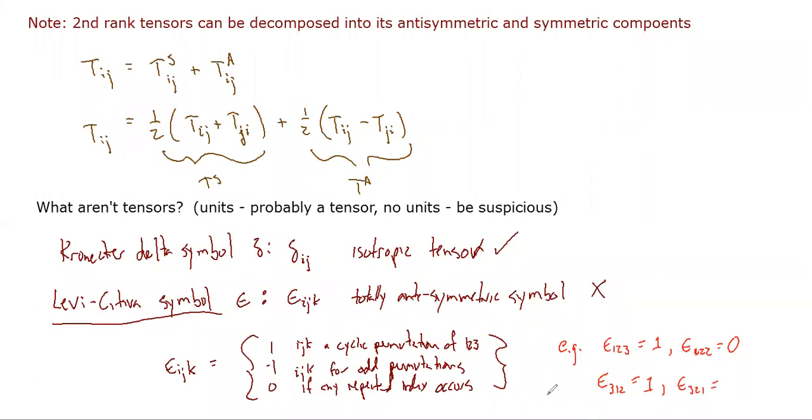What's Levi-Civita symbol 3, 2, 1? There's no way for me to rotate this and keep the order: 3, 2, 1, 2, 1, 3, 1, 3, 2, in which they appear in order. So that's what's called an odd permutation. So that's -1. Okay, what about Levi-Civita symbol 1, 3, 2?